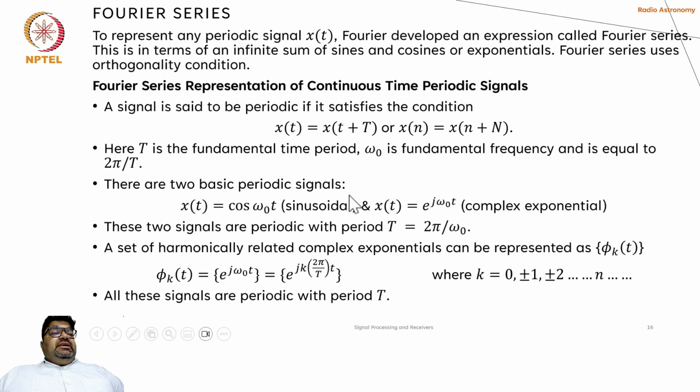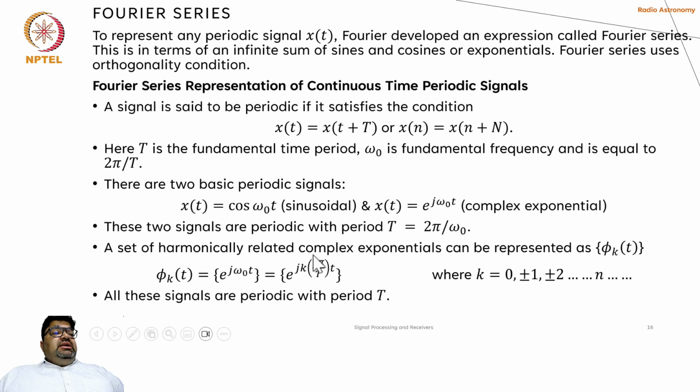There are two basic periodic signals, sines and cosines, and also complex exponentials. The signals are periodic with period T, where T is defined by 2 pi over omega naught, and the signal itself x(t) is defined as cosine of omega naught t, or x(t) is defined as e to the power j omega naught t, where j squared is equal to minus 1.